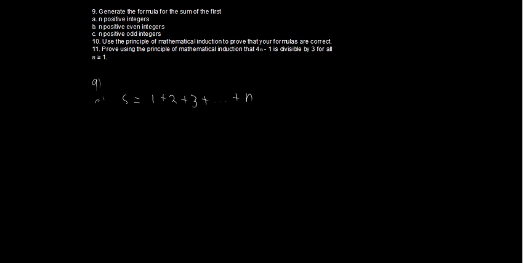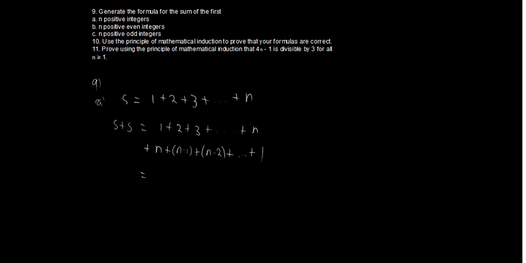Then we say s plus s, or 2s, is equal to 1 plus 2 plus 3 plus dot dot dot plus n, plus, what's the previous term to this one? It's n minus 1 plus n minus 2 plus dot dot dot plus 1.